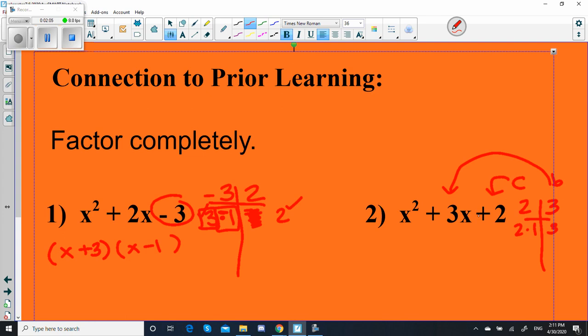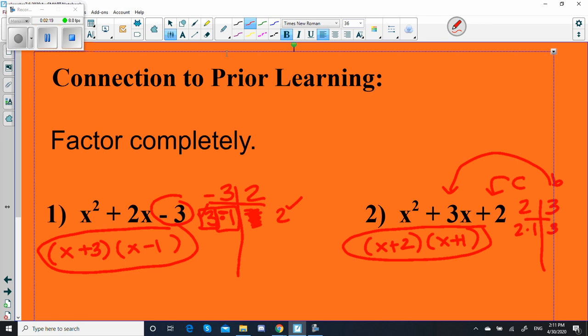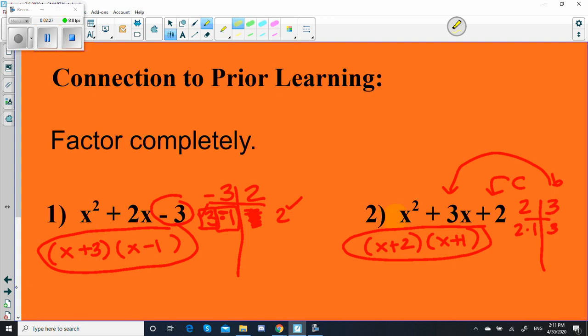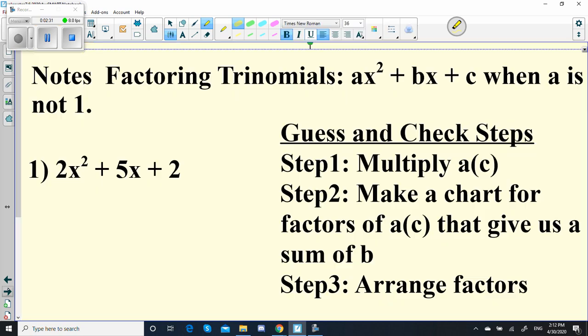Everything is positive in this equation, so both of the parentheses are going to be positive. So x plus 2 for the first one, and x plus 1 for the second one. These are both factored now. What's old about these is this a right here was 1. What's new is that the a in the front is going to be something other than 1.